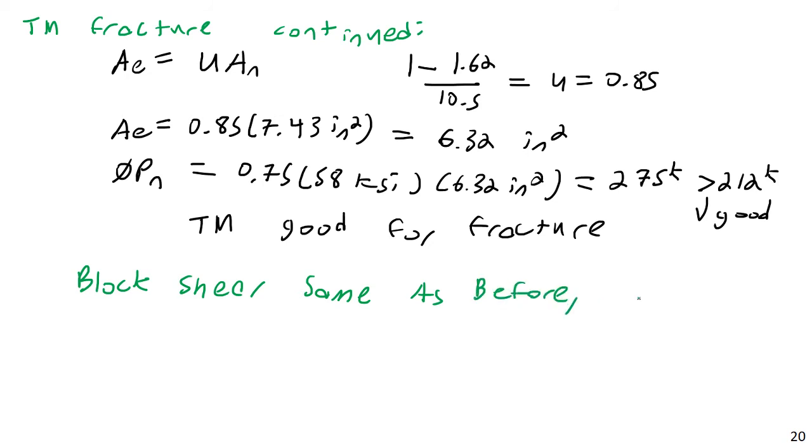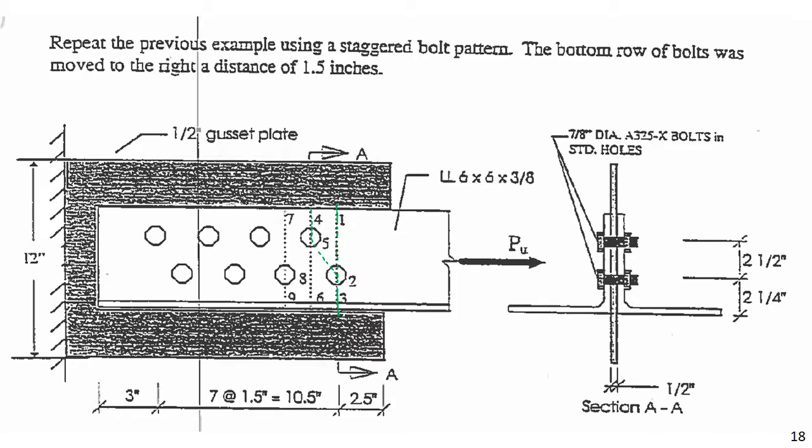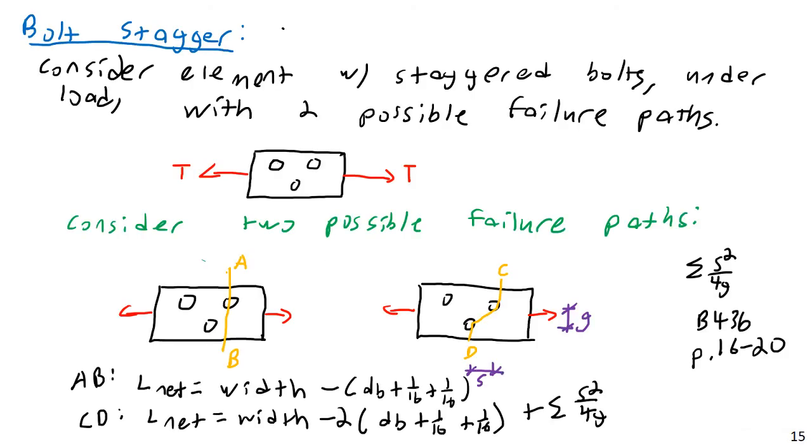Block shear is the same as before. If I can come up with a better explanation for why it's the same, well, let's think about that. Let's go back to this calculation here.